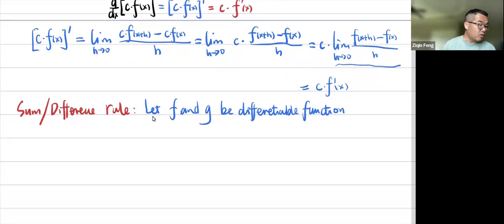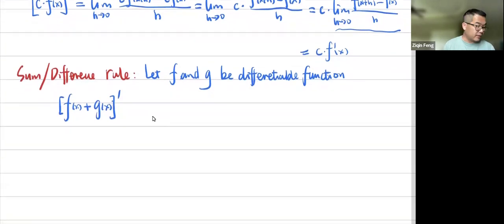Now we want to know what is the derivative of a new function, f plus g. How do we differentiate f of x plus g of x? What's the derivative of this function? How do we do that?